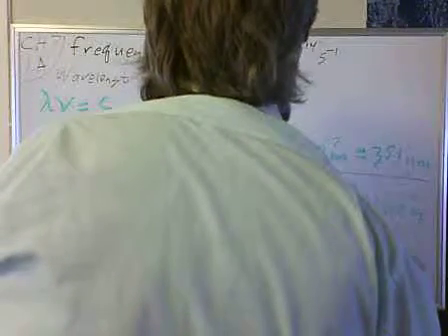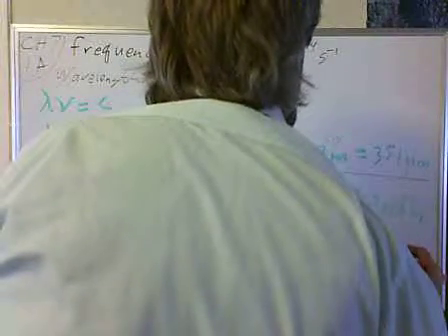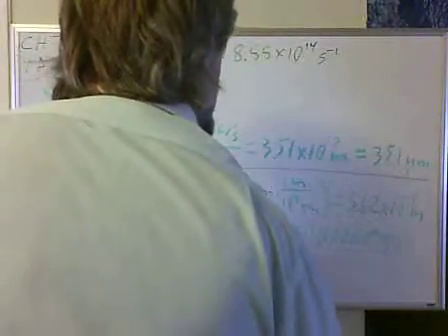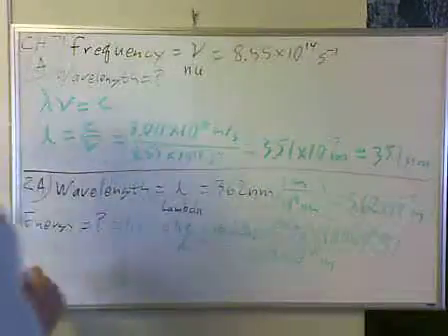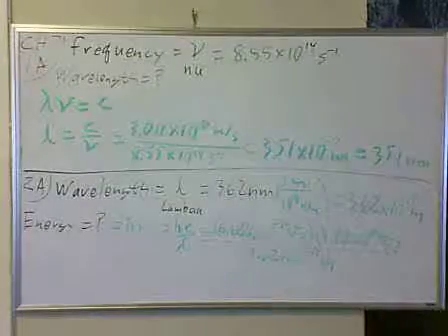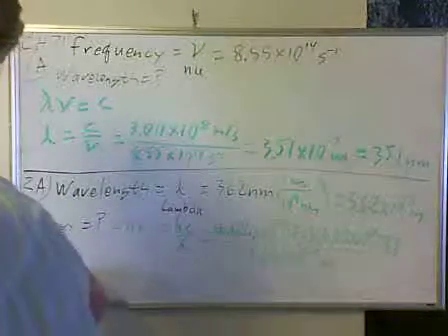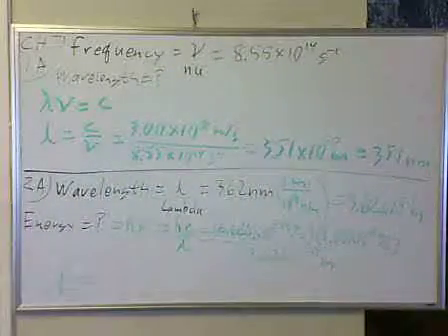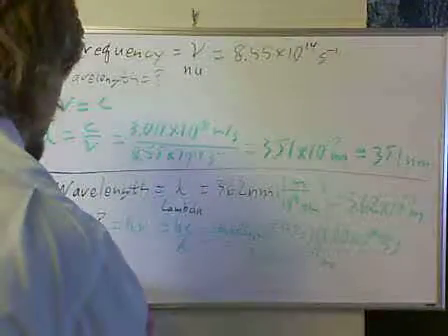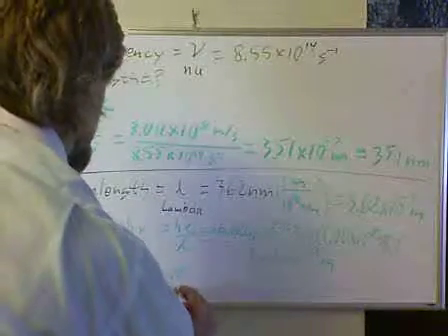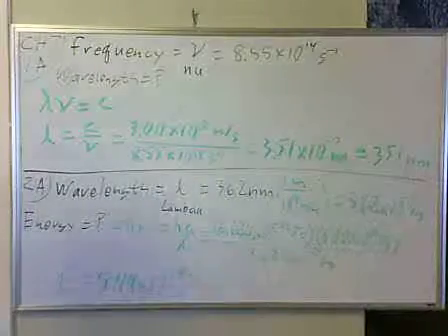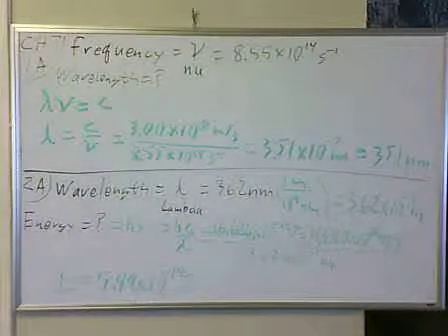Speed of light 3.00 times 10 to the 8 meters per second, divided by the 3.62 times 10 to the minus 7 meters, and we will have an energy of 5.49 times 10 to the minus 19 joules. So that would be the energy of a single photon of light.